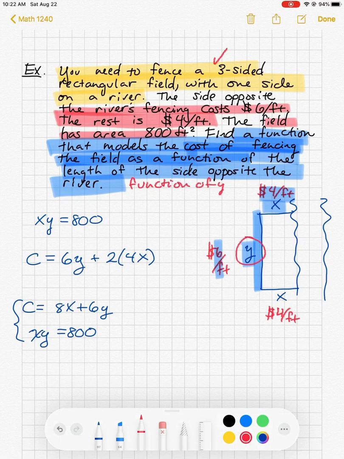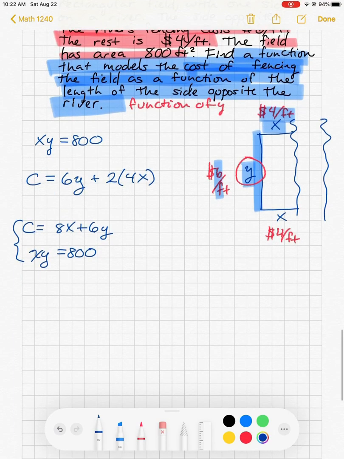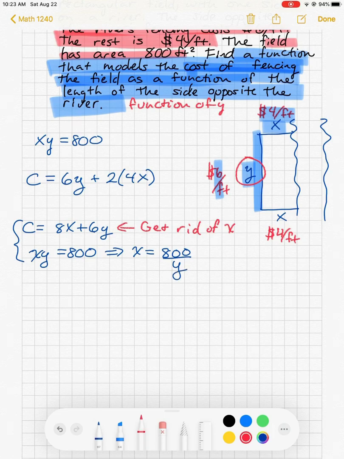That's the side opposite the river, huh? Okay, so I need to take my cost function, get rid of x. So what I'm going to do is a substitution again. So I'm going to take this bottom equation, solve it for x. Then I'm going to substitute that in the cost function.